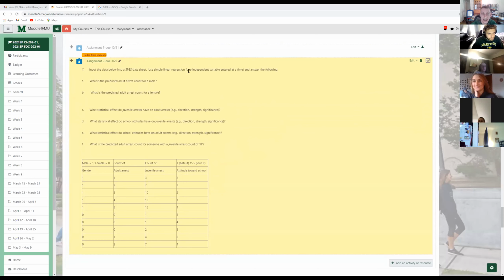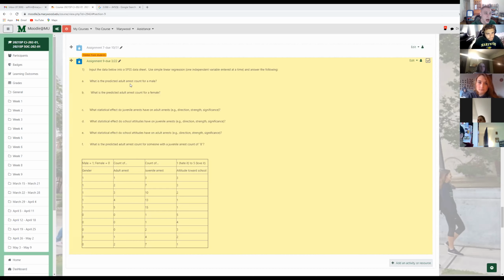Just like we did in the example, don't put in gender and juvenile arrests and attitudes towards school all in there as independent variables at the same time. That's called multiple regression. That is the next step that we'll get into. I'm just asking you to do this as a simple linear regression.